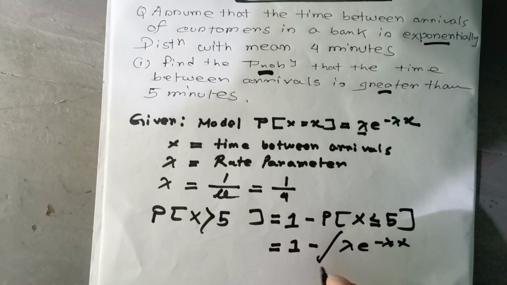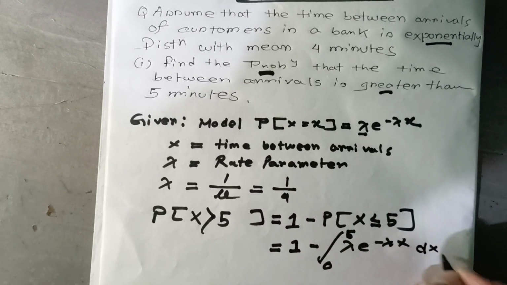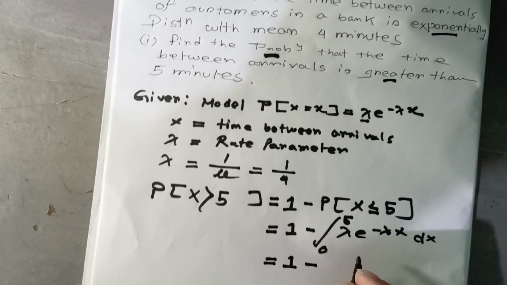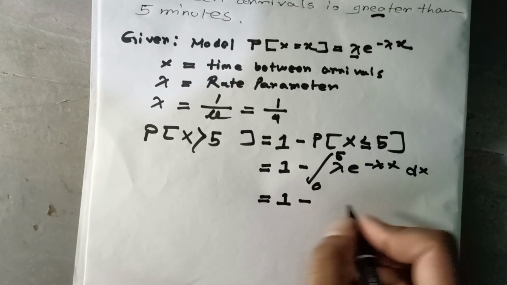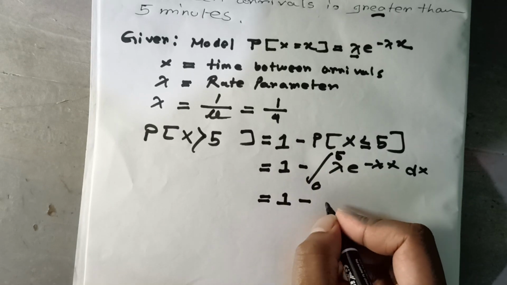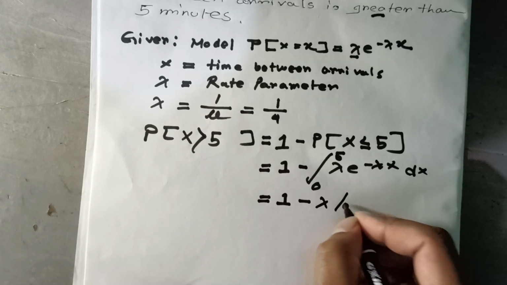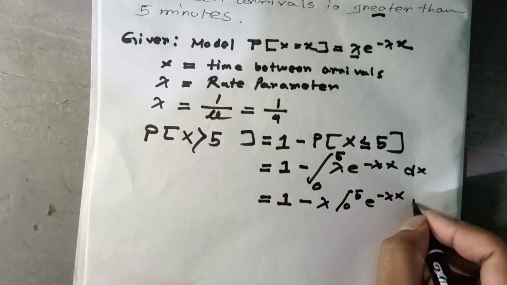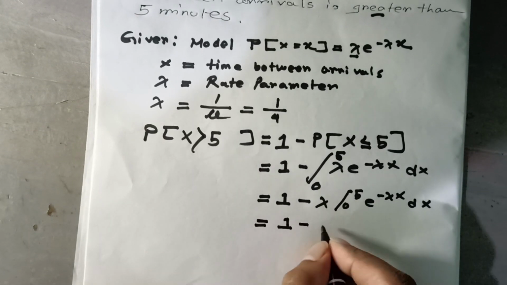So we are using integration to model this, from 0 to 5, with dx, and we have 1 minus lambda, which comes out of the integral, integration from 0 to 5 of e to the power minus lambda x dx.